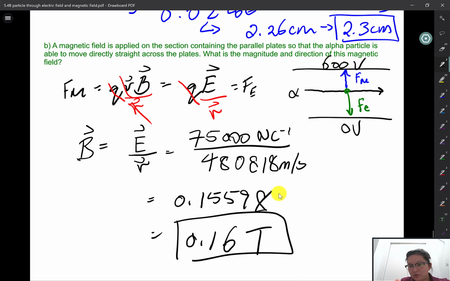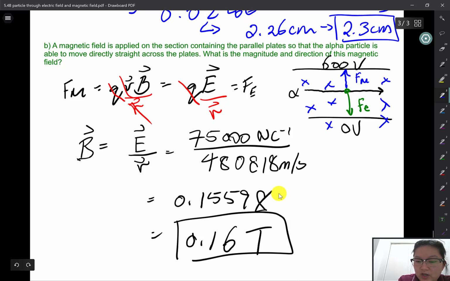So if I'm doing this correctly, my thumb is towards the right, my force is up, my field has to be into the page. So I'm going to write here: into the page. That's going to be the direction of the field.